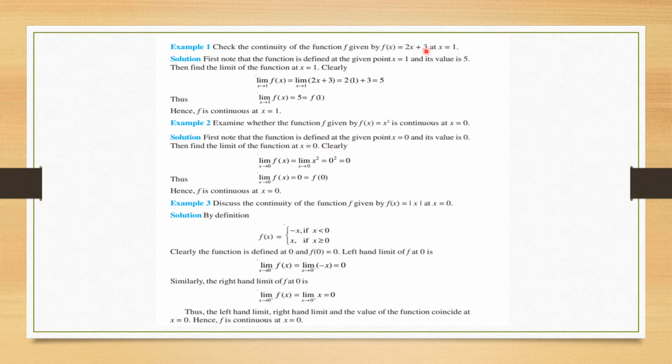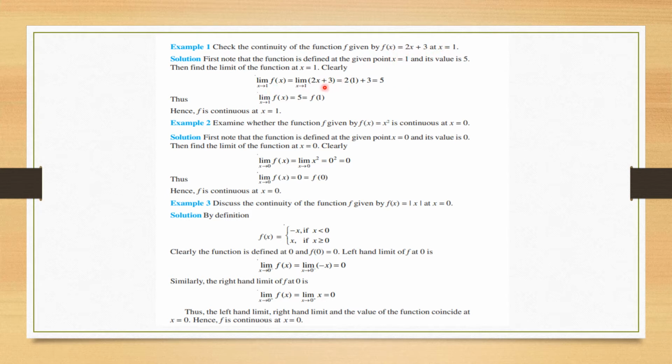So there is nothing new. As I told you, in simple questions, we don't need to go for left and right limits separately. We will check only the right limit, and then equate it with the value of the function at that point. The limit as x approaches 1 of f(x) turns out to be 5.